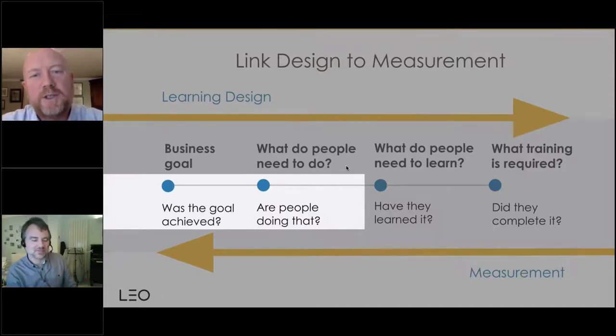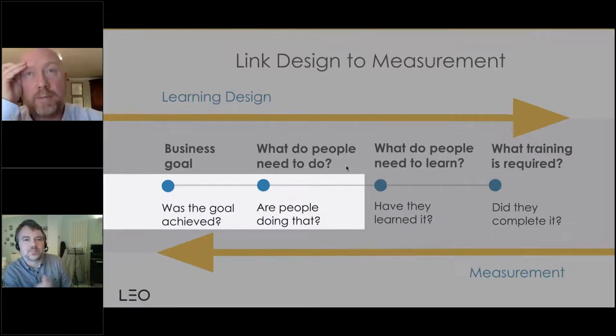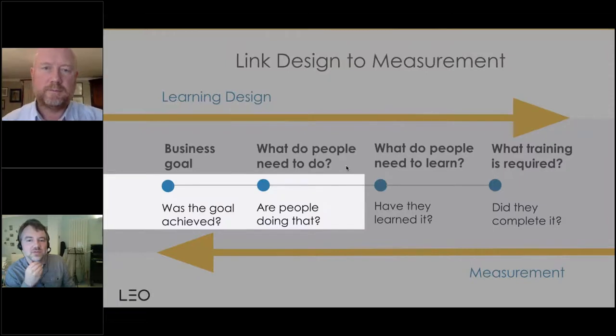Nick, we have a question, which is, are there any key differences between a measurement strategy in an academy context to a course or a program, perhaps? That is a really good question. I would say the mechanisms of it and the type of data, all of that is not significantly different to what you'd be doing in any other place. I think the way the academy helps is the fact that it has all been built around a goal.